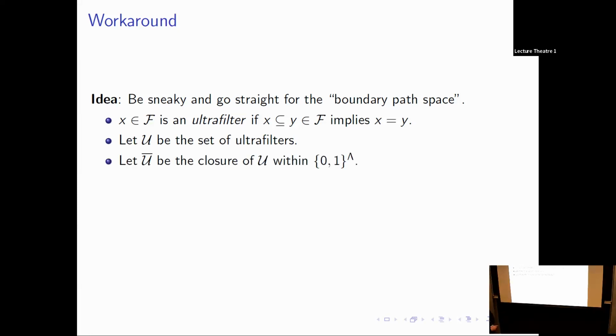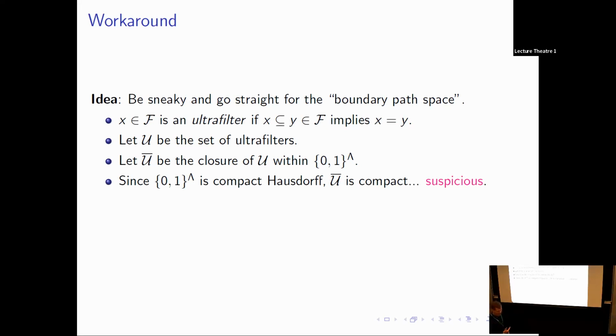And I'll take the closure of the ultrafilters within the power set. So this is kind of the usual strategy. You say, I'm looking at my ultrafilters, I'm looking at my infinite paths, and I take the closure. But it's perhaps unusual to take the closure within the power set. Usually you take it within the filters, but that's not going to work for us because, as we saw before, the filters already is not a nice topological space. So we take the closure inside of the power set, but the power set being compact Hausdorff tells us that the closure of the ultrafilters is going to be compact.